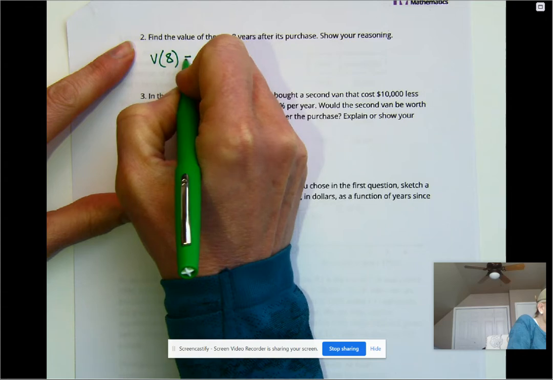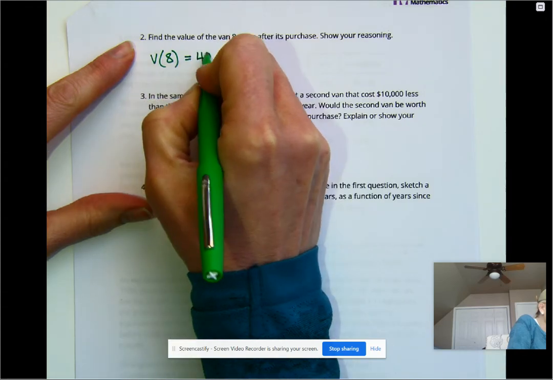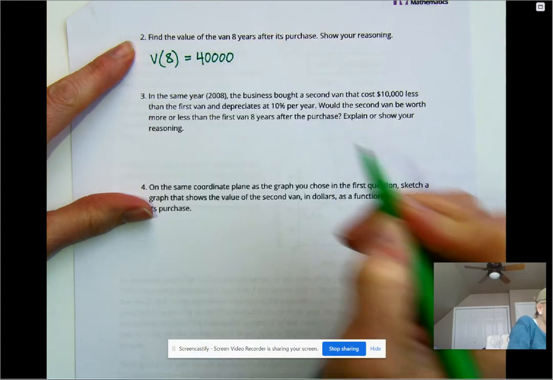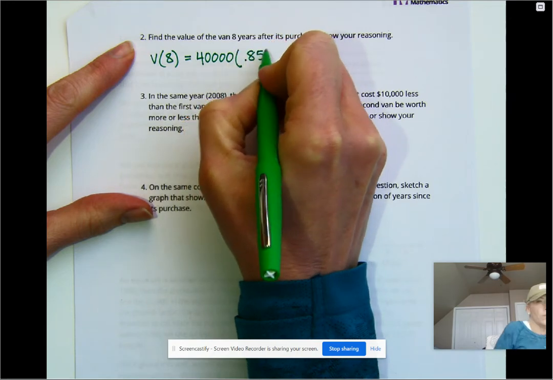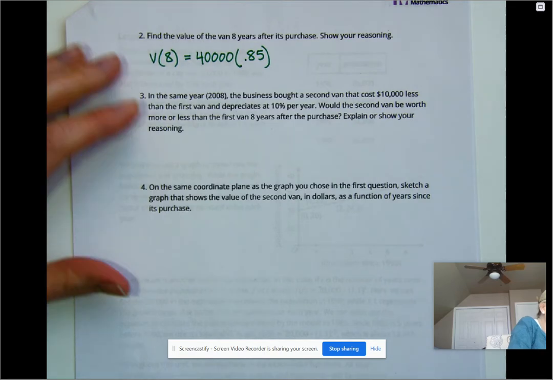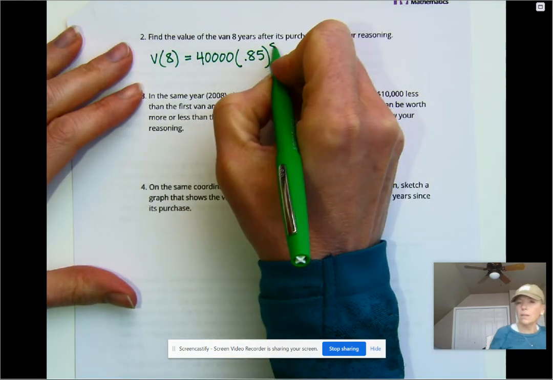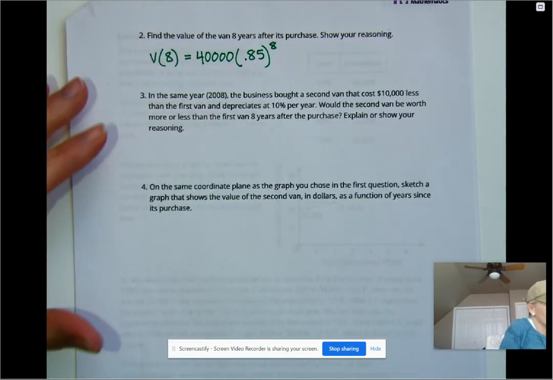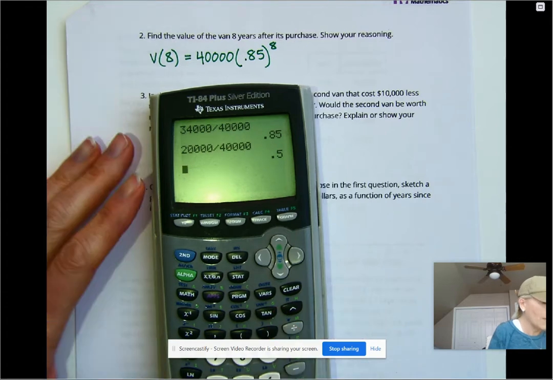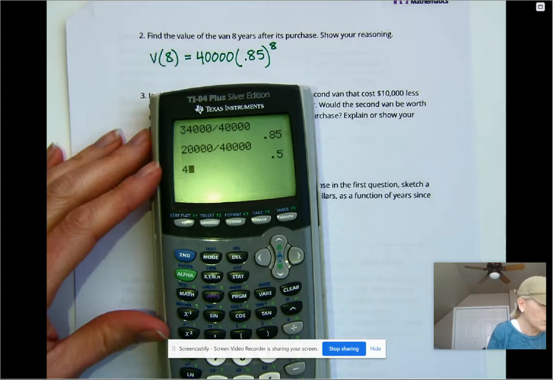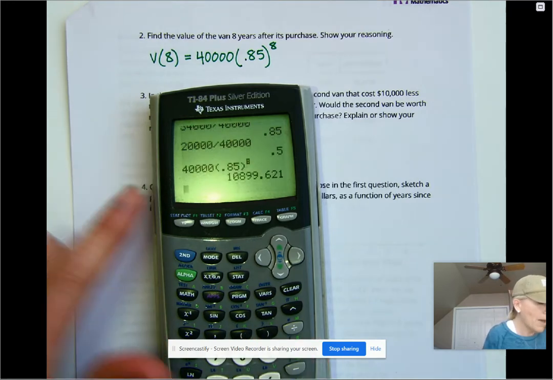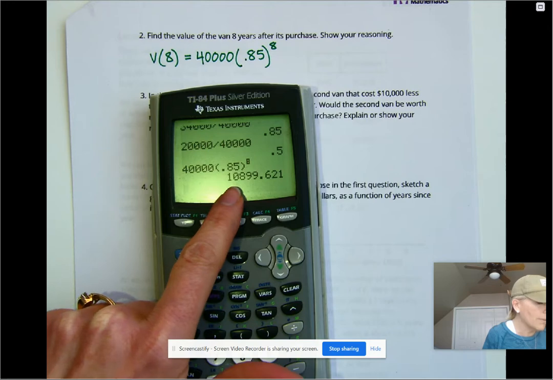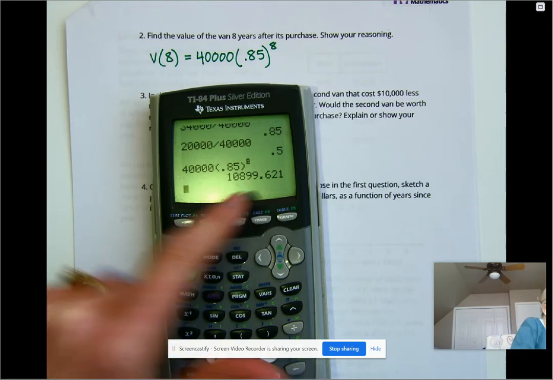And so the purchase price or initial value times the decay factor, it's depreciating by 15% for 8 years. Okay. And I could multiply by 0.85 8 times, so it's much more efficient to use an exponent. And we get about 10,000, I'm just going to round that, $10,900.